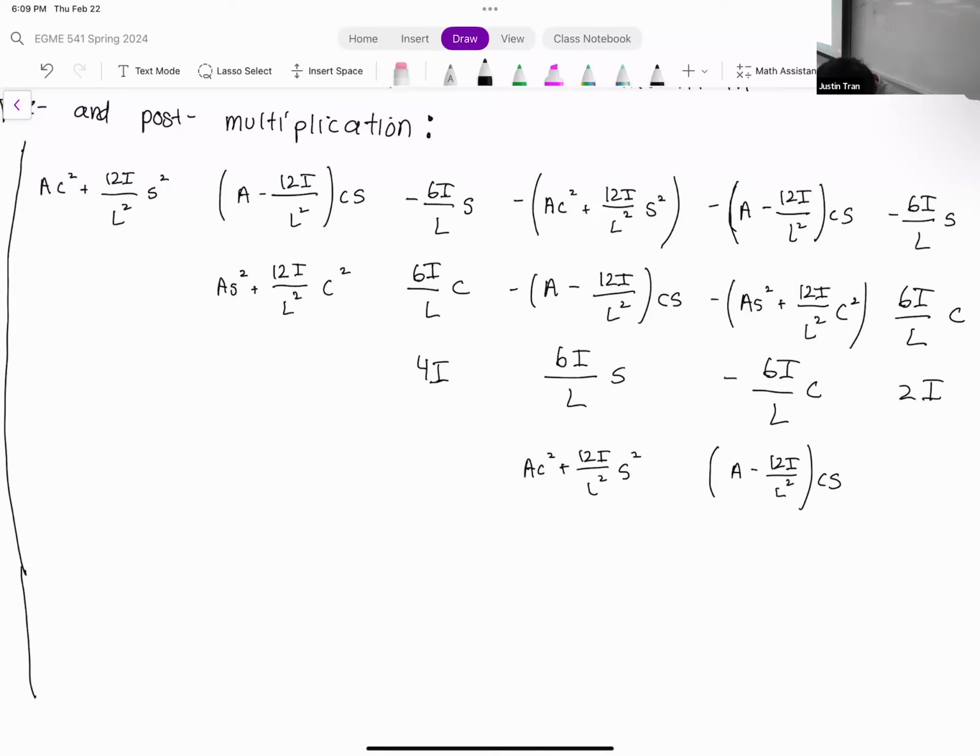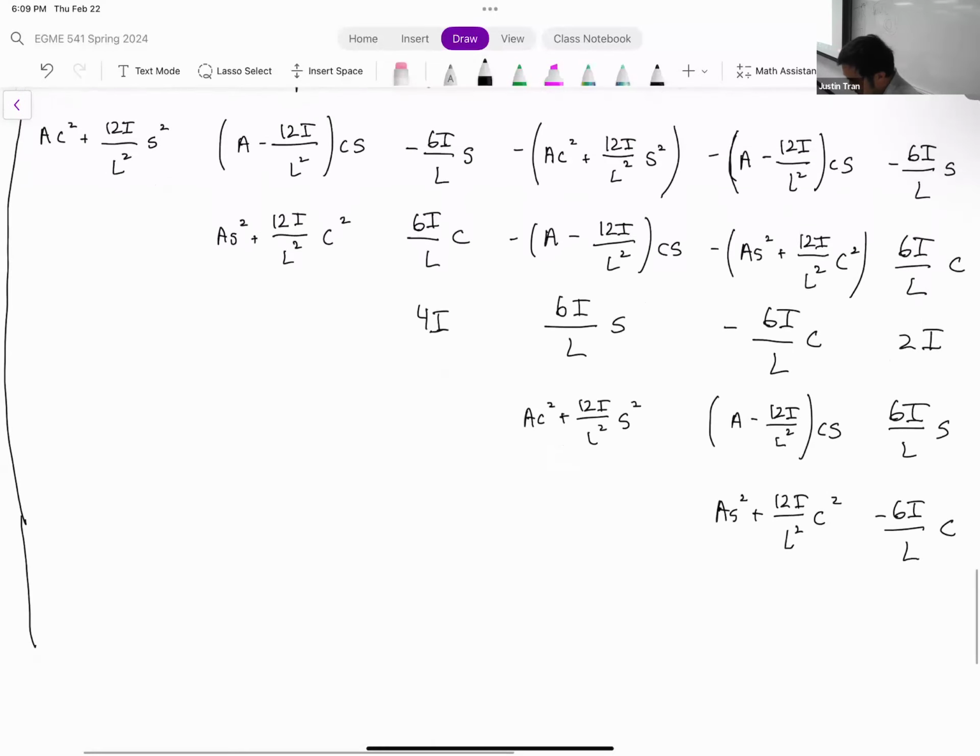The last entry is 6i over L times sine. Two more rows. We have a s squared plus 12i over L squared cosine squared. Minus 6i over L times cosine. And the last entry, miraculously fitting it all on one page, is 4i.